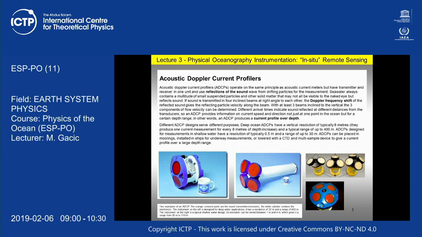And since you have the vertical profile, if this is the cross section of the inlet, and if you have the measurements at a certain number of points, you can reconstruct the profile of the entire current in this kind of channel, by doing some simple assumptions.